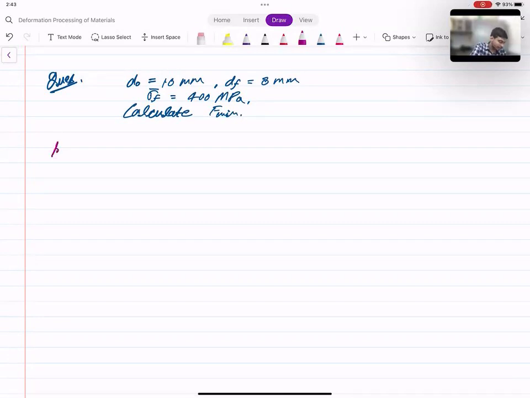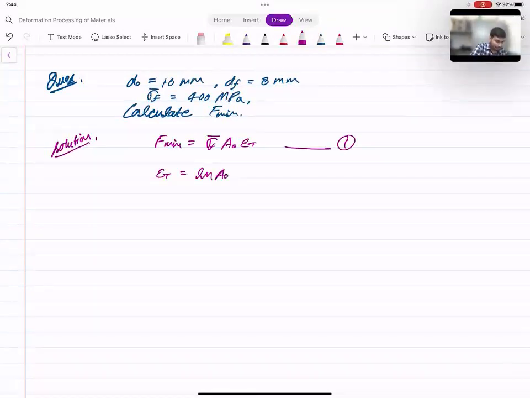Okay. So here we know that the minimum force is given as sigma f bar a naught true strain. Okay. So again, in this case, our primary focus will be to calculate the true strain and then substitute into this equation. True strain here is given as ln of a naught by af.